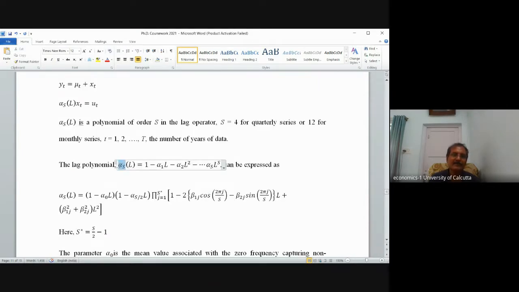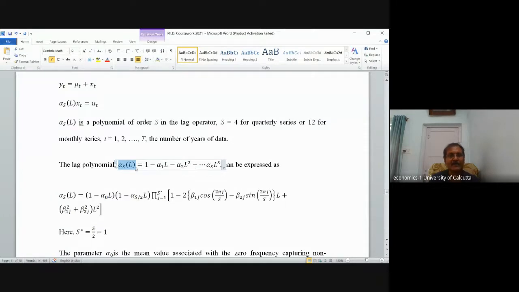Now this lag polynomial alpha s L is applicable for seasonal frequency s. So you can specify it for quarterly data or monthly data by setting s is equal to 4 or s is equal to 12. In the case of quarterly data, alpha 4 L is equal to 1 minus alpha 1 L minus alpha 2 L square minus alpha 3 L cube minus alpha 4 L to the power 4.